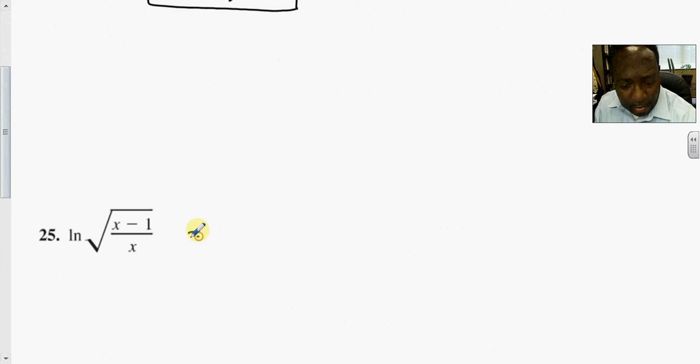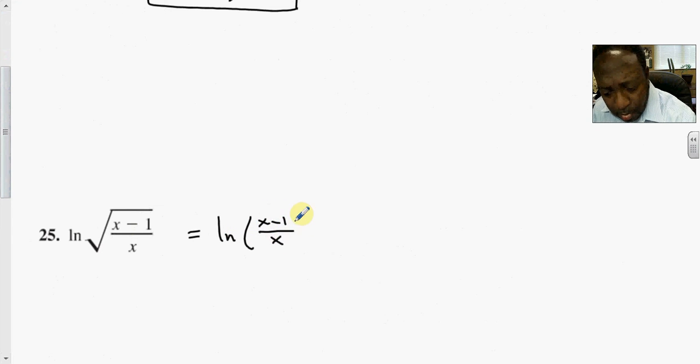We expand this out. This is the natural log of x minus 1 divided by x to the 1/2 power. So the power then becomes the multiplier of the natural log.